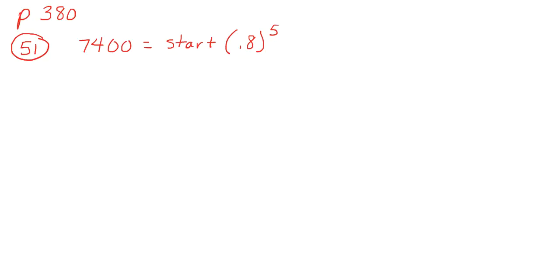So we have to do 1 minus 0.2, and that's where the 0.8 comes from. And the exponent is for 5 years. And so if you do that 0.8 to the 5th and divide both sides, and I'm rounding to the nearest dollar, the SUV was worth about $22,583 when it was new.